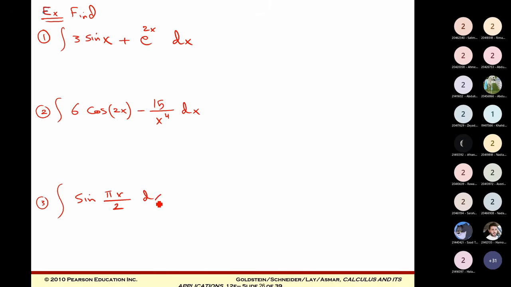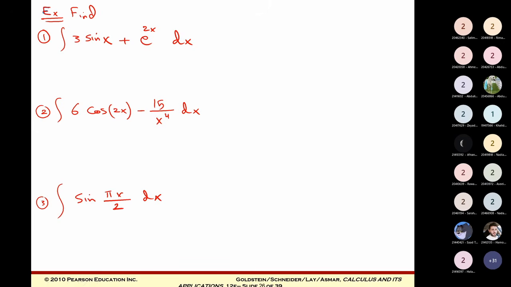Number 2, the integral of 6 cosine 2x minus 15 over x to the power 4 dx. Number 3, the integral of sine of pi x over 2 dx.